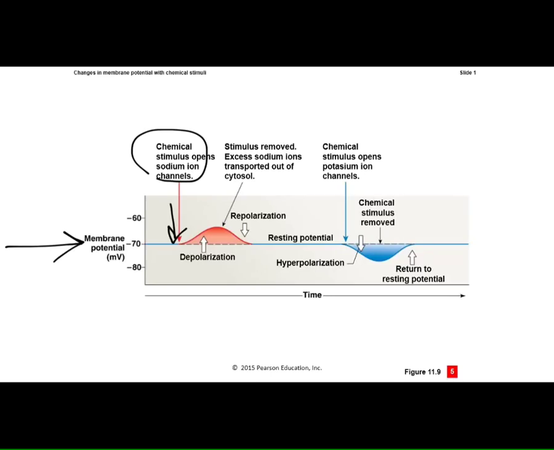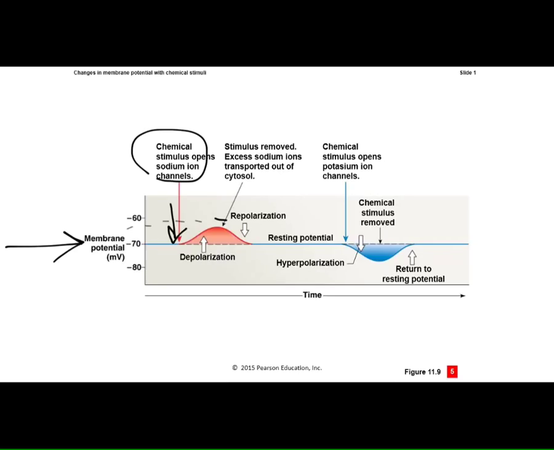I've got this little voltmeter, and I'm sticking the little probe inside the cell. If I open up the sodium channels, what happens to the reading on that voltmeter? It goes more positive, or less negative, and I see that it's going to rise up. In this case, it looks like it's going to reach minus 60, okay?